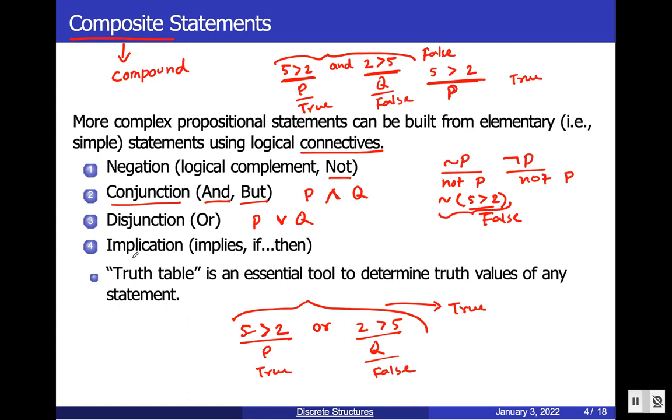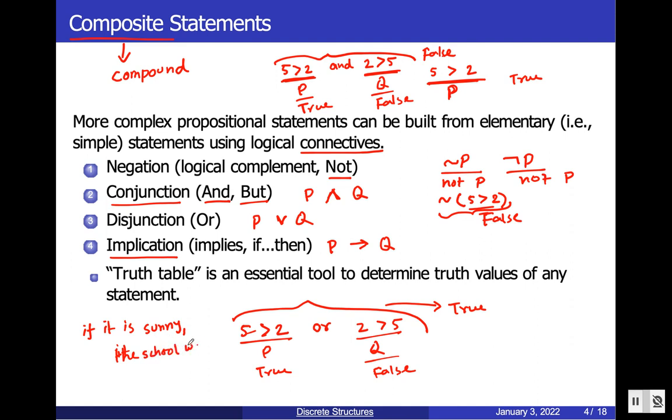There is another compound statement, implication, where we use this symbol. If we have two statements P and Q, we write it using this symbol, and we read it as P implies Q, or if P, then Q. For example, if it is sunny, the school will open.